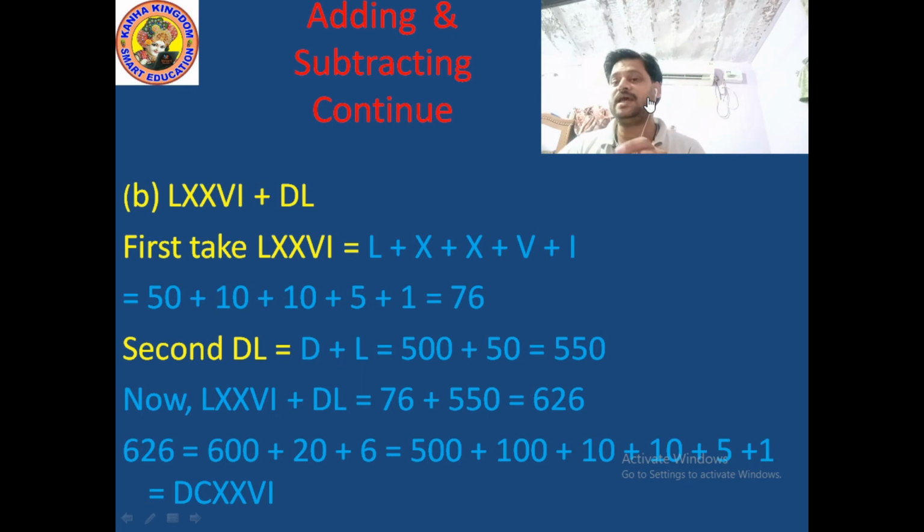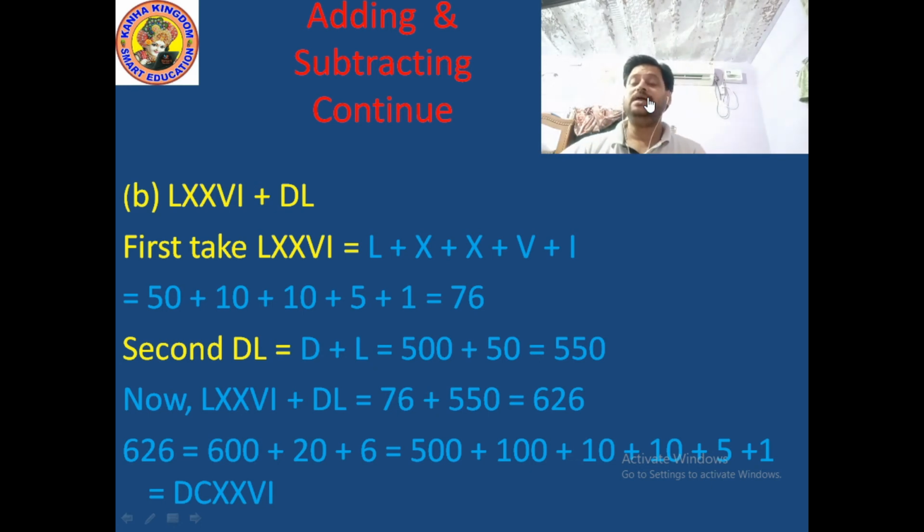So you just add them: L equals 50, plus X equals 10, plus X equals 10, plus V equals 5, plus I equals 1. 50 plus 10 equals 60, 60 plus 10 equals 70, 70 plus 5 equals 75, and 75 plus 1 equals 76. So the exact figure of this number is 76.